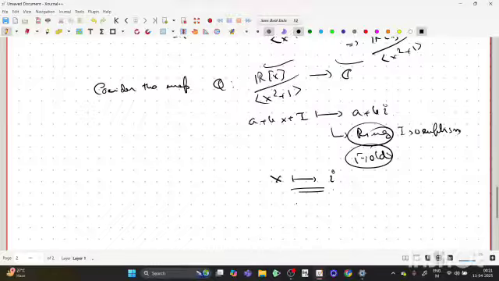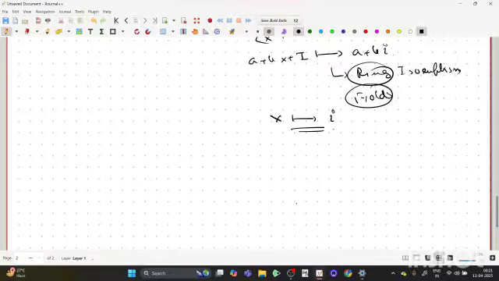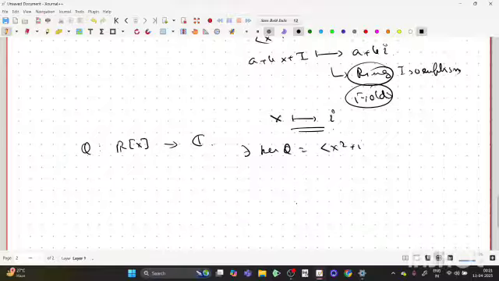There is actually one more way of getting hold of this, which is the following. Consider a map phi from R[x] to C in such a way that the kernel of phi will come out to be x square plus 1.